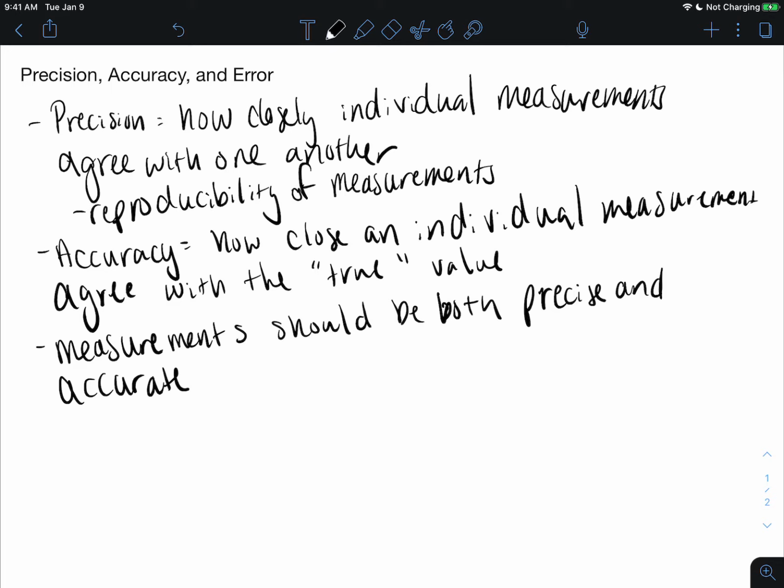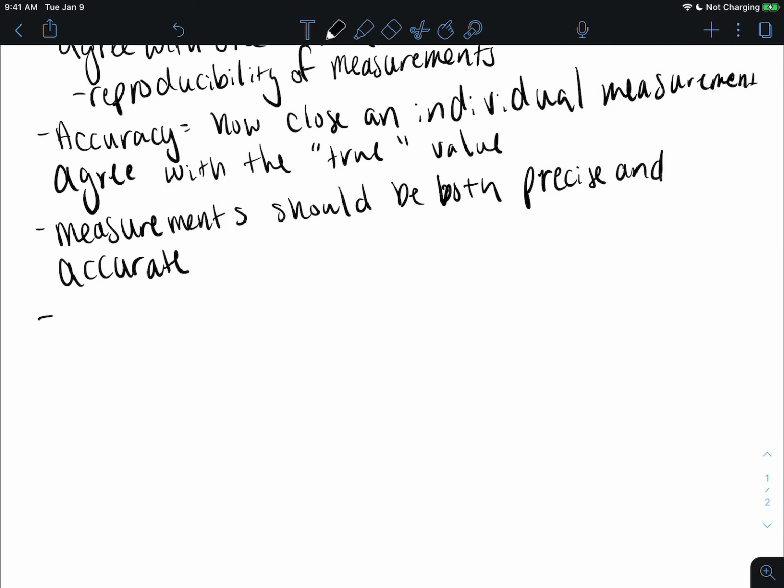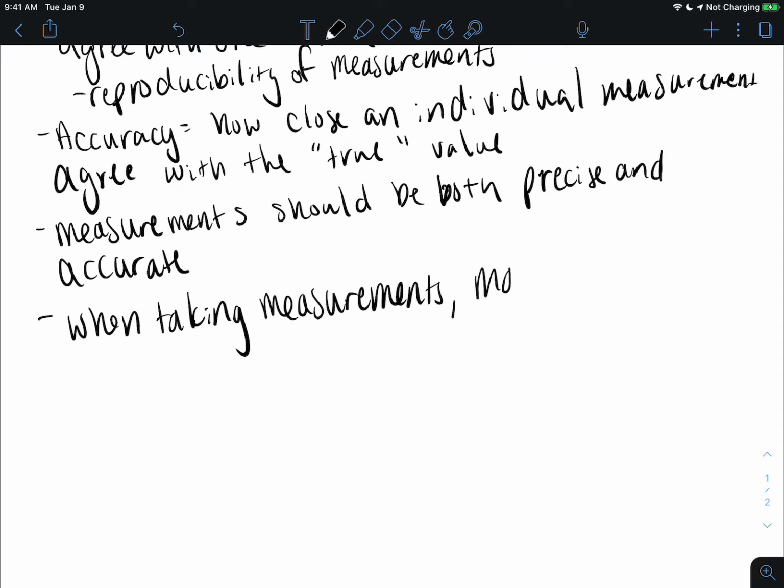And whenever we take measurements, we're going to take lots and lots of measurements. So when taking measurements, many trials are done. You don't want to have a measurement that is just a fluke.